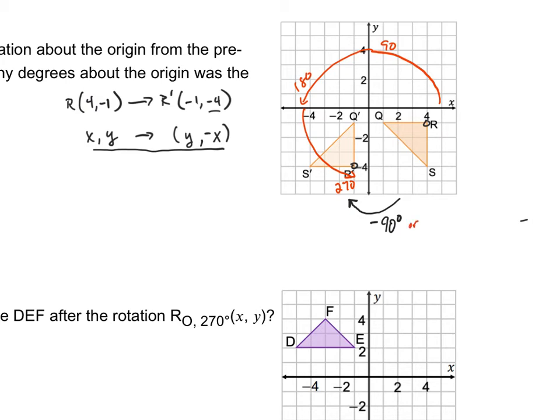So we could say minus 90 degrees, or we could say that we went positive 270 degrees, realizing that these two will put me in the same location, going back 90 or going forward 270. When I say back or forward, I just mean a positive or negative. So those are going to be the same thing. So it turns out that we have rotated about the origin 270 degrees.